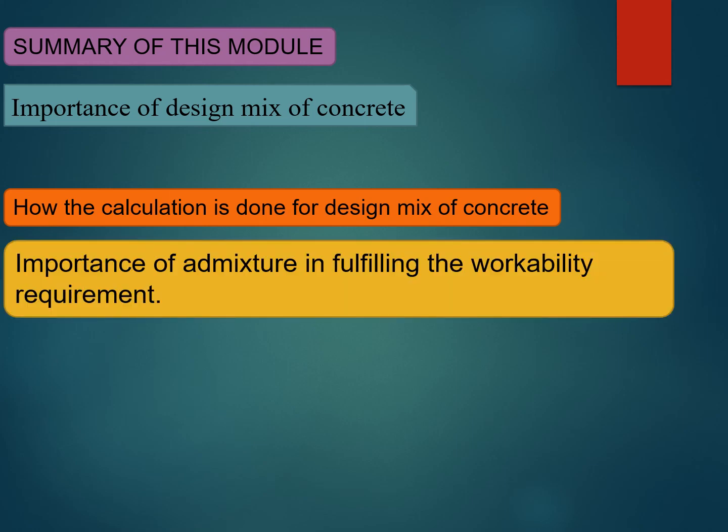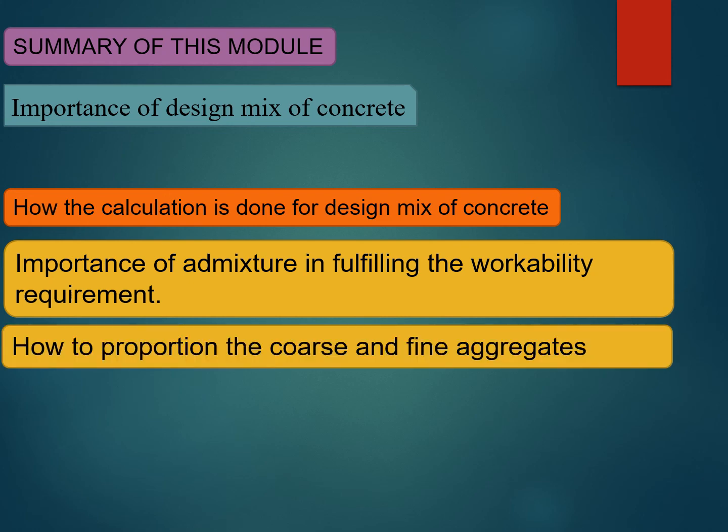The importance of admixtures in fulfilling the workability requirements, like how important it is to make your mix cohesive and workable so that it can be designed based on the congestion of the reinforcement or the flow of the concrete, and how to do the proportioning of coarse and fine aggregates, like you can have the individual grading and then mix theoretically the different aggregates like 10, 20 and sand, and check whether they are meeting the requirements given in the standards.